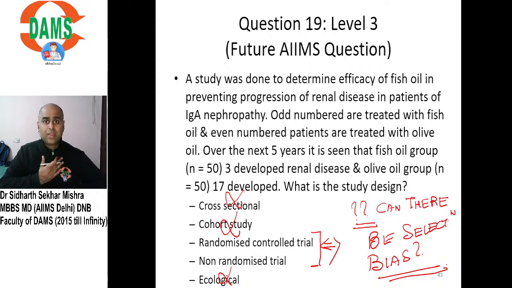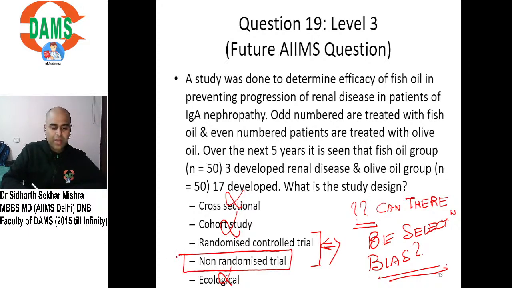Now Revati is my younger sister. I said, Revati, you come ahead and let Parth go behind. So now Revati can get an odd intervention. So I did selection bias. Since I have done a selection bias, this becomes a non-randomized clinical trial.